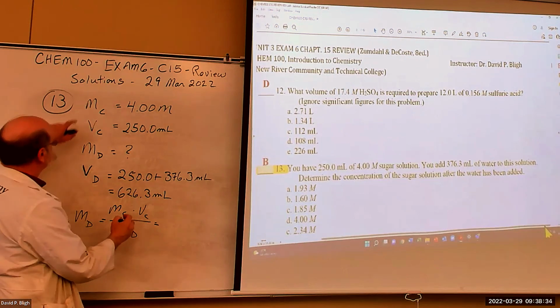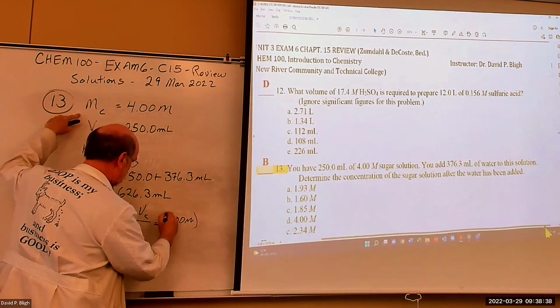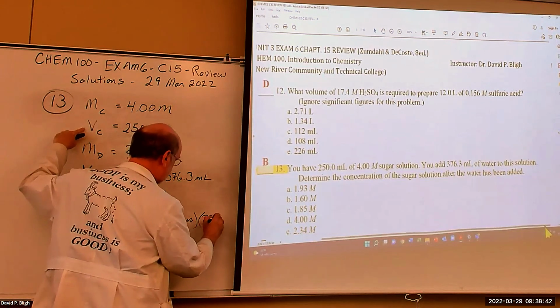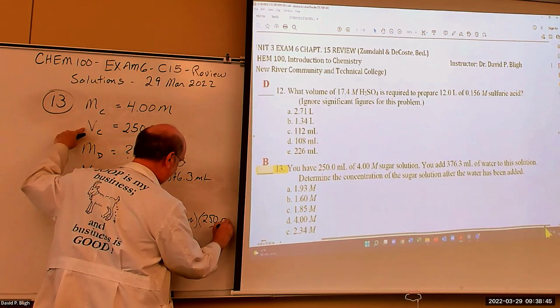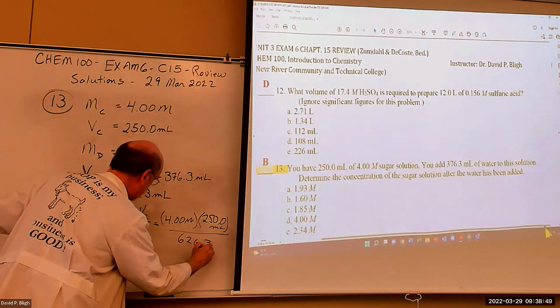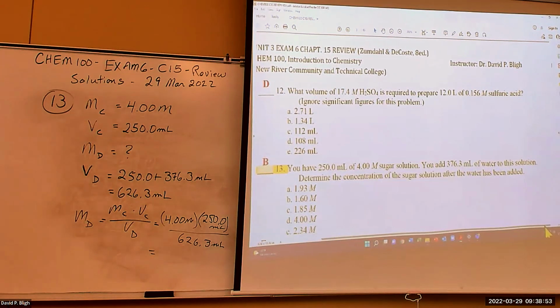So the concentrated is 4 molar, and the volume of the concentrated is 250 divided by 626.3. There we go.